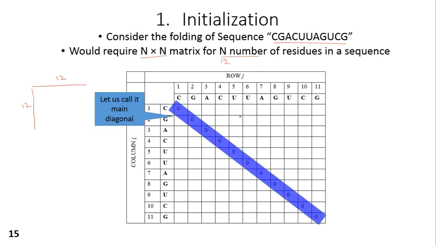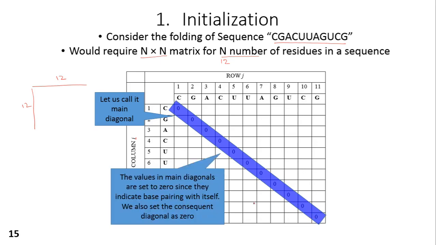Once you create this S matrix, this particular diagonal we would call the main diagonal, the central diagonal. We would call this diagonal, for the sake of simplicity, the main diagonal. Now the values of this main diagonal are set to 0. Why do we do that? Because these values indicate base pairing with itself.